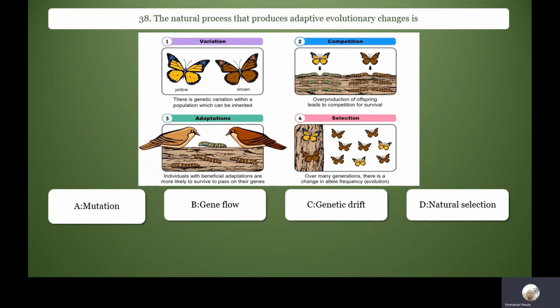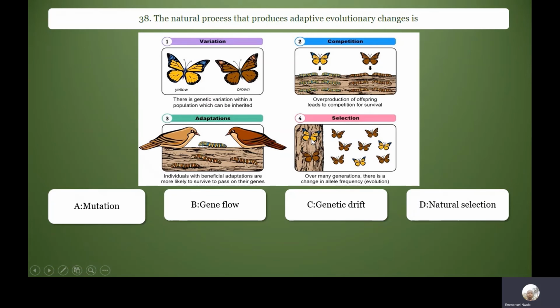Like you look at this butterfly, you see the one that is brown colored and the one that is yellow colored. You look at the environment where they are, the brown colored one is more hidden from predators because of the color of the tree where they perched. So they will survive better because predators might find it difficult to see the brown ones.